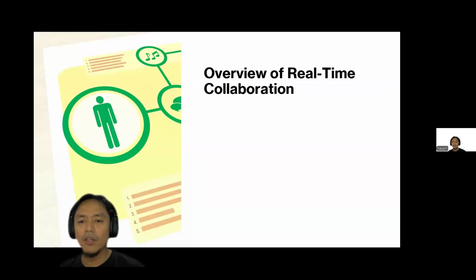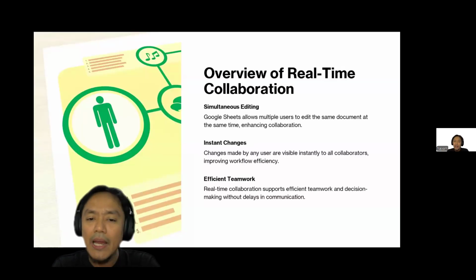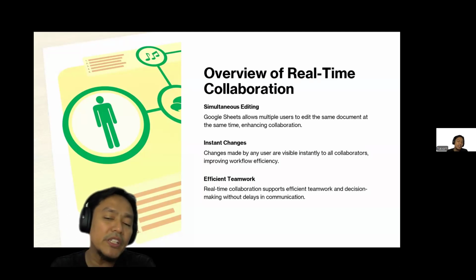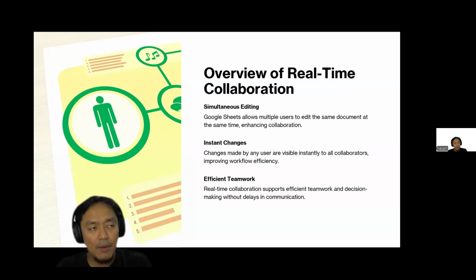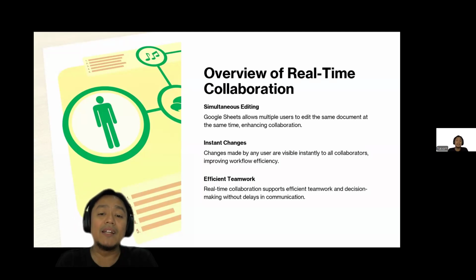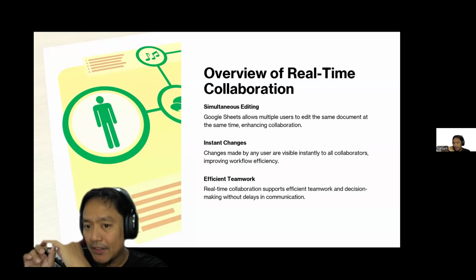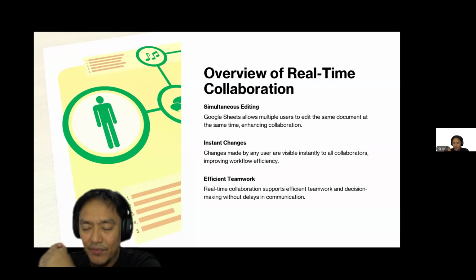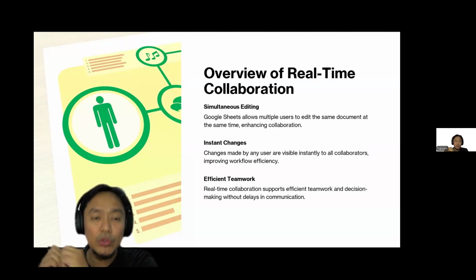The real-time collaboration here is simultaneous editing. That means if I share my document with others, I can see what others are doing, because Google Sheet allows multiple users to edit the same document at the same time. It makes it very easy for you to do your work.